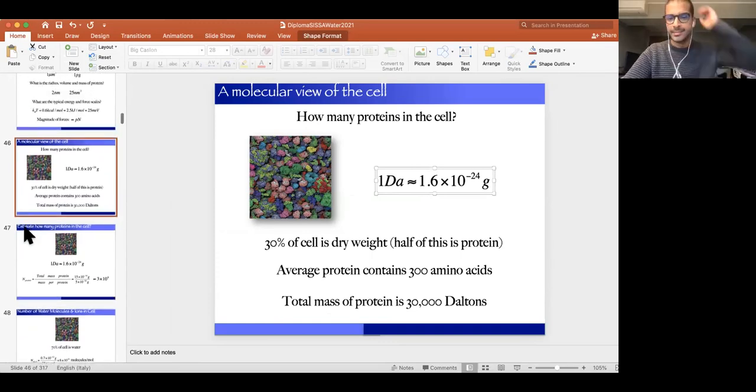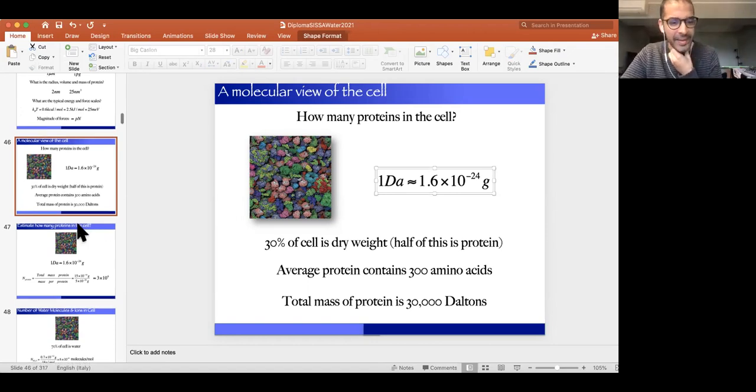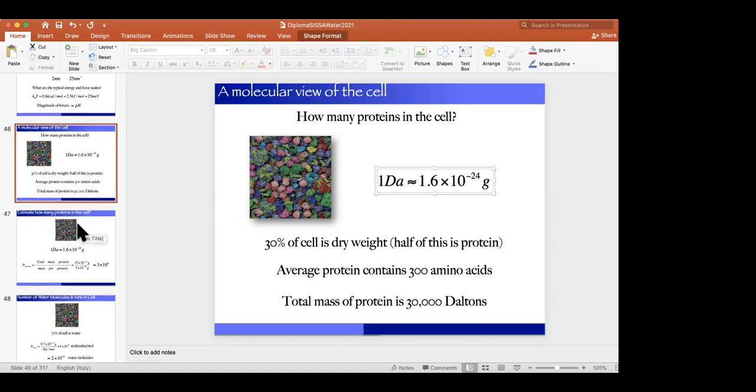Now let's ask, how many water molecules are there in a cell? Let's try and solve that problem. 70% of it is water. Sorry, Professor, here the 3 billion we calculated, it is 15% as what? Because we have said 70 is water.